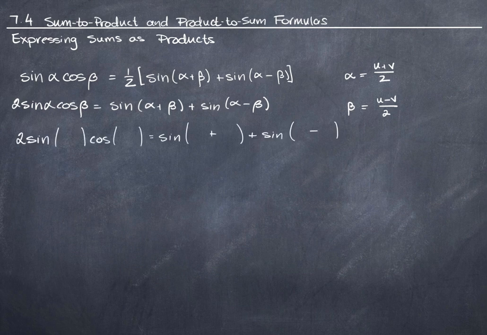Everywhere that there was an alpha, I'm going to put a u plus v over 2, and wherever there was a beta, I'm going to put a u minus v over 2.